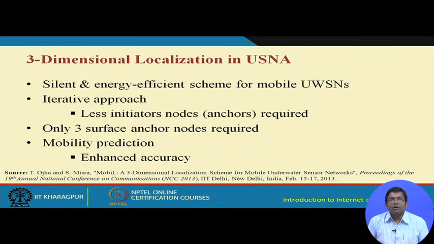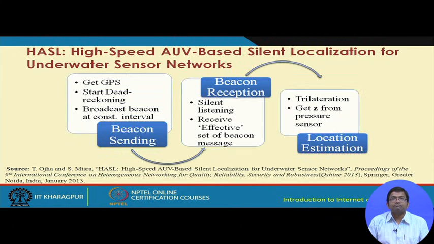So, it is important to predict accurately how the different nodes are going to move at different points of time. Accurately finding out where a node is going to be at a particular instant of time in the future is a challenging problem of localization in underwater sensor networks.